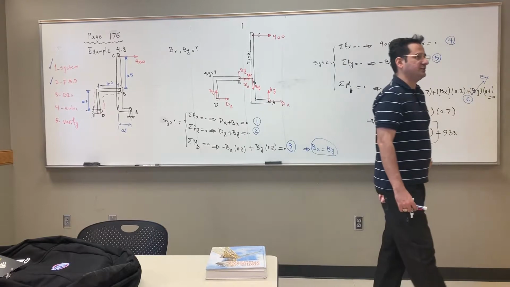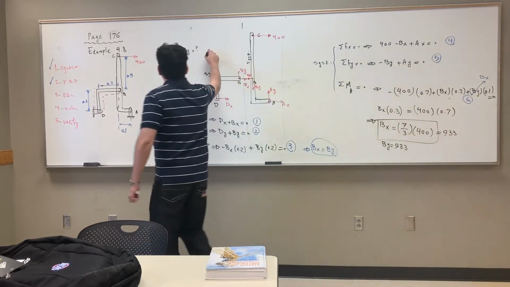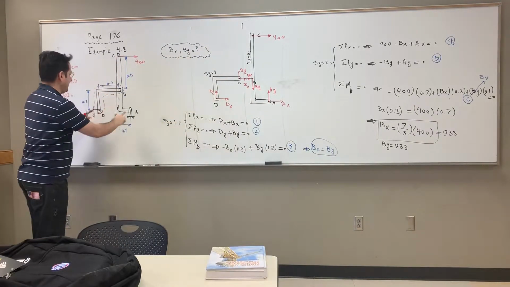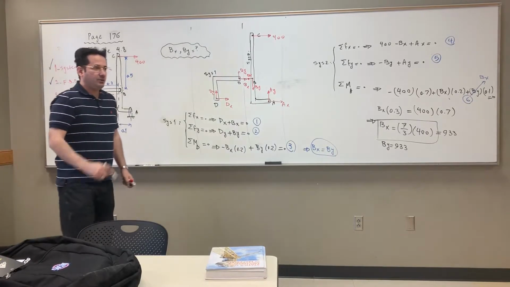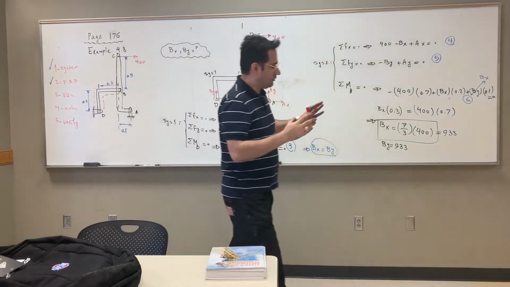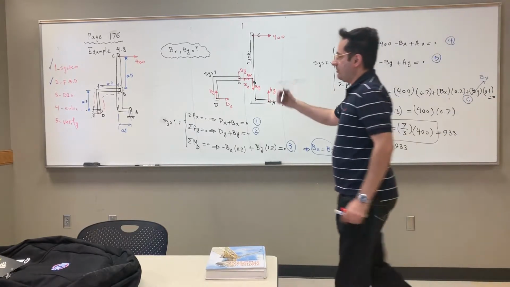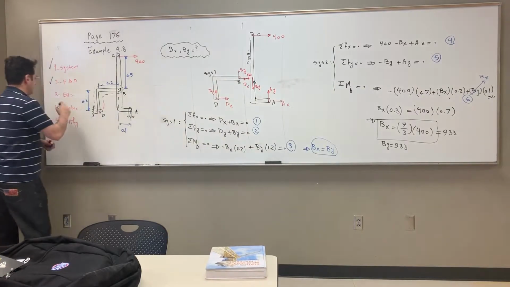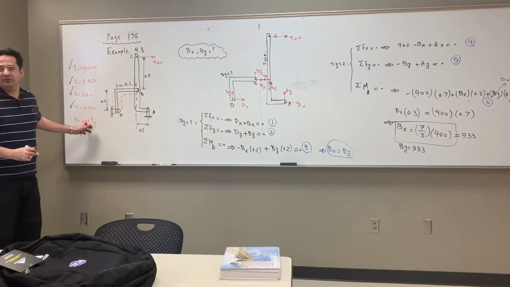So my entire system, I can get everything, although the question was just to find Bx and By, not A and D. Now you can all see that we can solve this problem by our standard 5 steps. So I wrote the equation, I solved it, and how do you verify it?